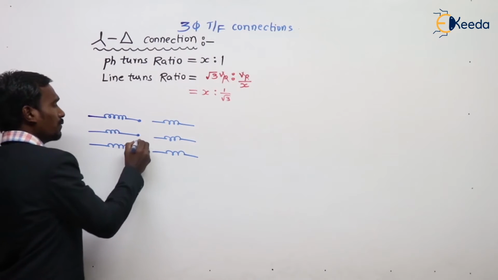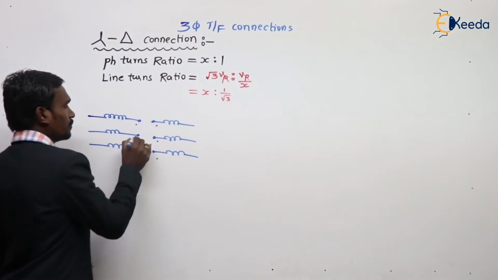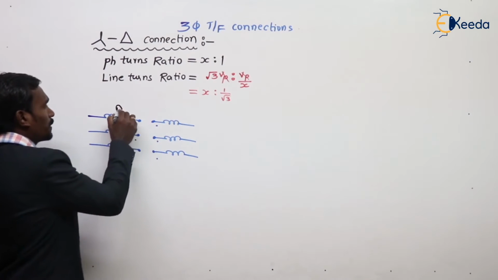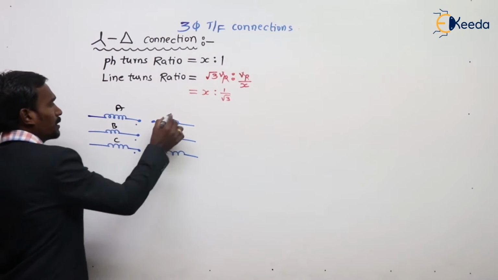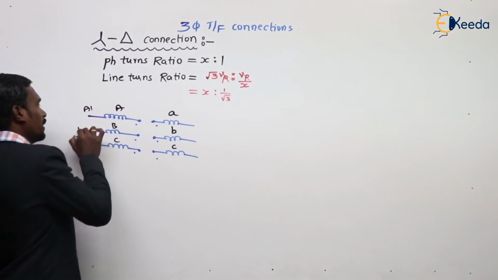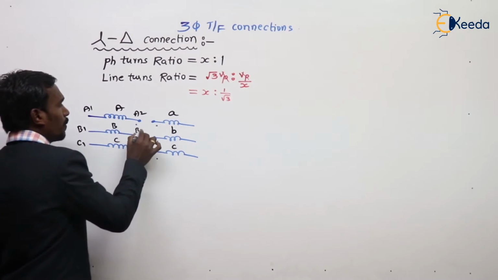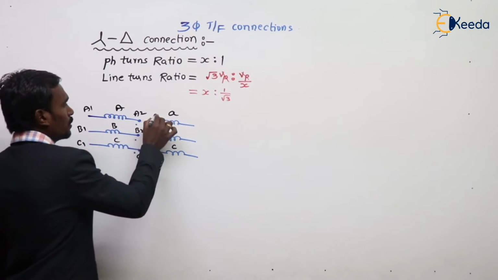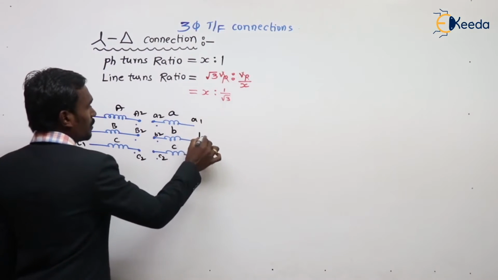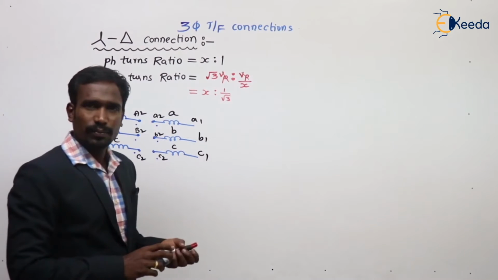Of course, we know the dotted notations, and capital A, capital B, capital C, small a, small b, small c, and A1, B1, C1, A2, B2, C2, all these you know very well.